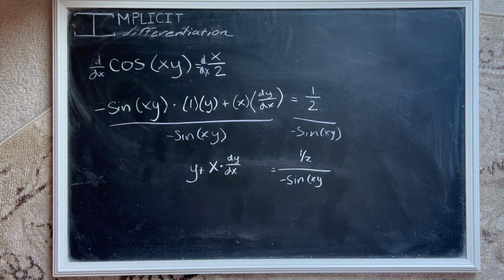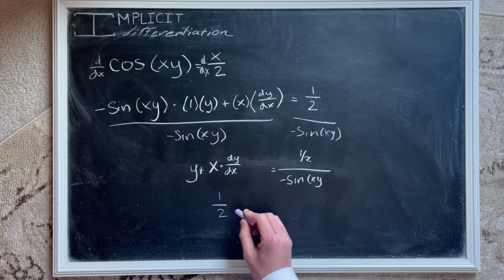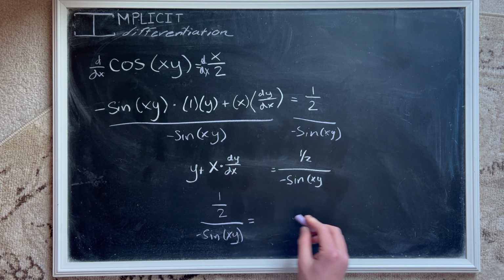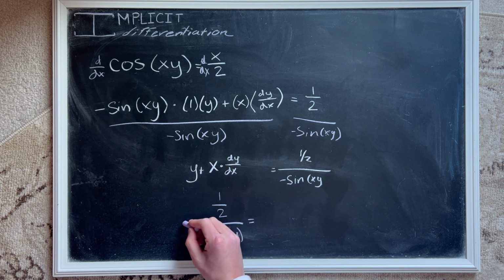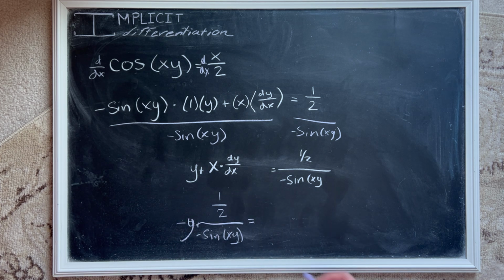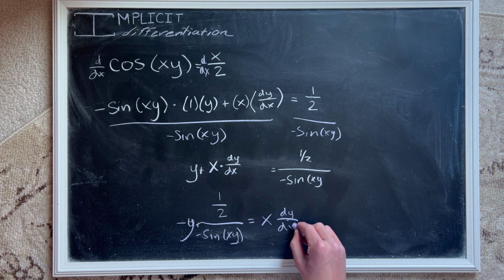All right, and then we'll subtract y, so we get 1/2 over negative sine of xy minus y equals x times dy over dx. Our last step is to divide by x.